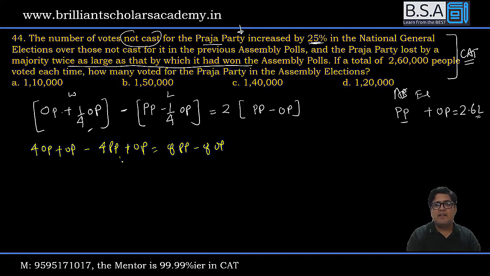So if I bring this here, that is 12 Praja Party. If I bring it here, 4 plus 1 is 5, plus 1 is 6, 6 plus 8 is 14. So opposition on Praja Party is equal to 6 by 7.